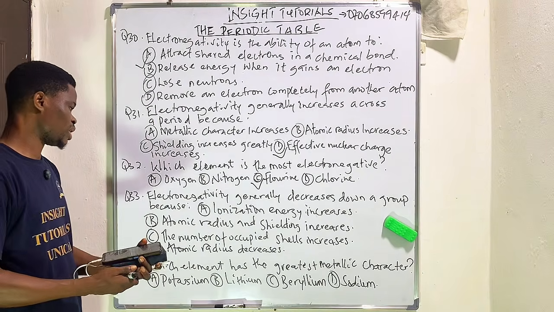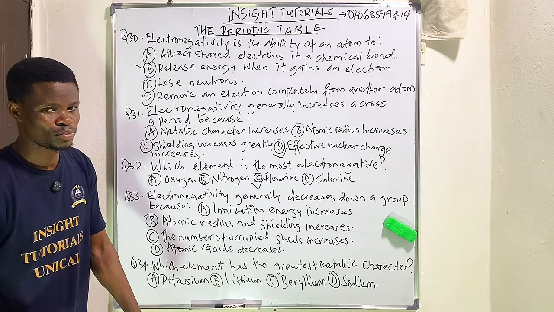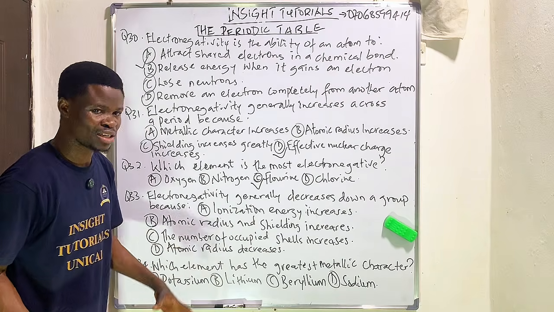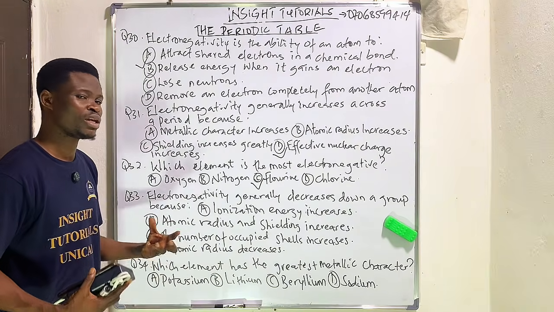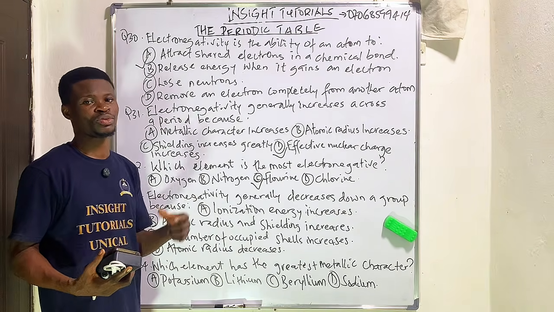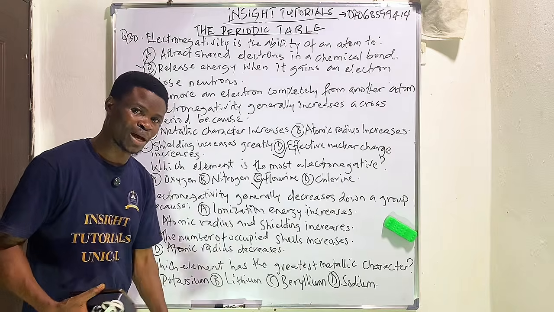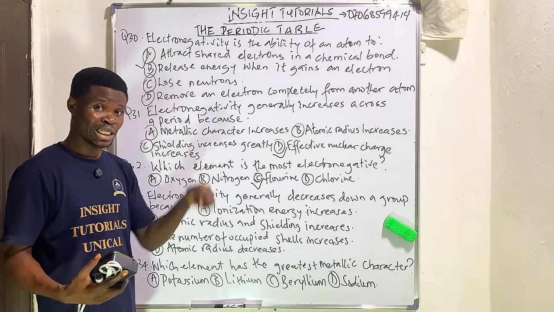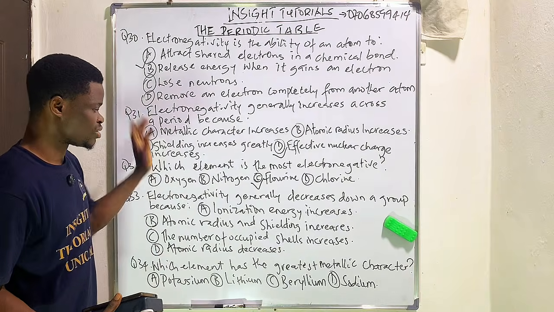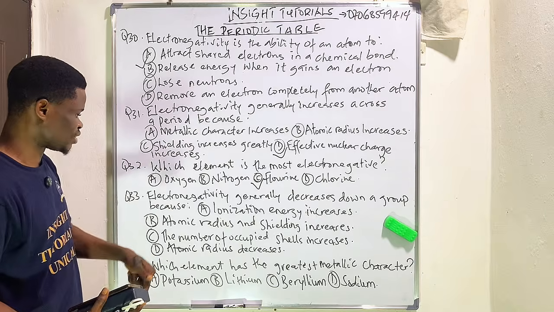Now what you need to know is that as long as it's down the group, ionization energy is decreasing, because when you're going down the group, there is addition of new shells, making the ability for ionization to occur very little. The electrons in the outermost shells of the elements down the group are easily pulled off, so there is a decrease in the ionization energy down a group. So A is out of it. Ionization energy does not increase down the group, it rather decreases.